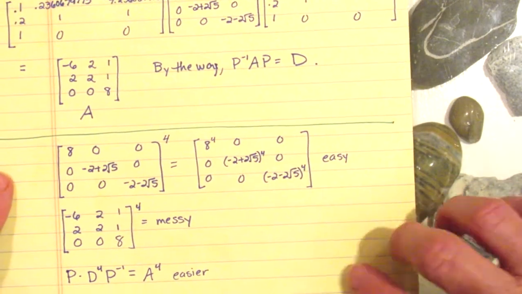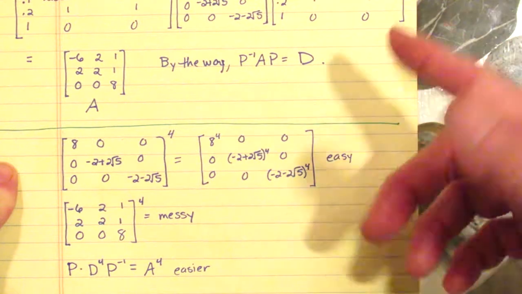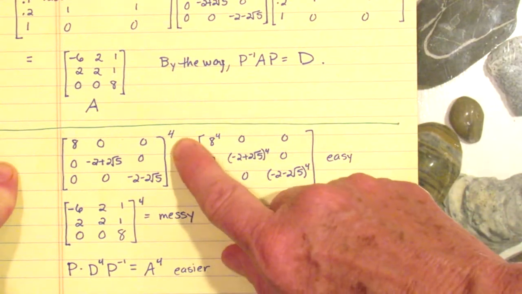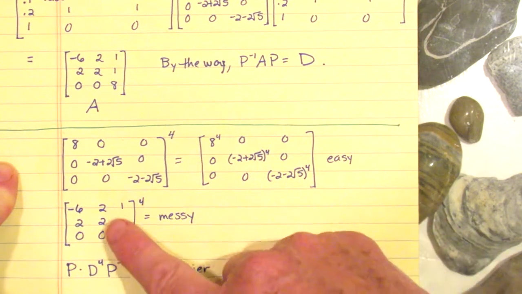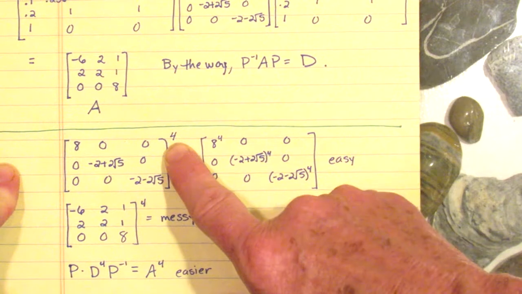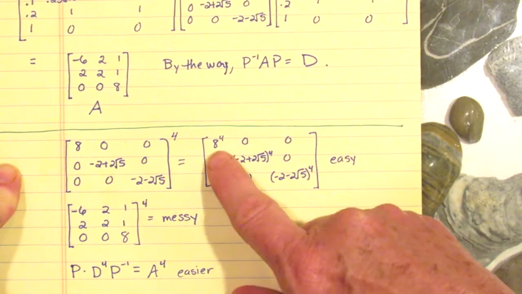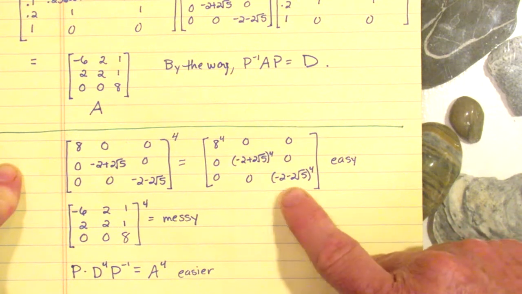Well, it turns out that if you are going to do some operations, like raising to a power is an example operation, that this would be true. If you take a diagonal matrix and you raise it to a power, it's very easy. Just the diagonal values need to be raised to that power.